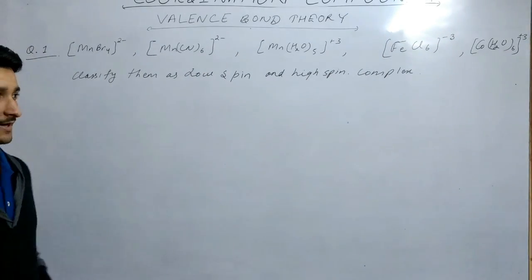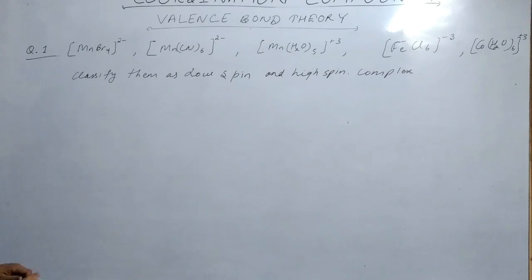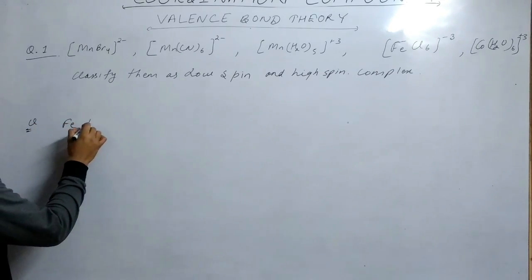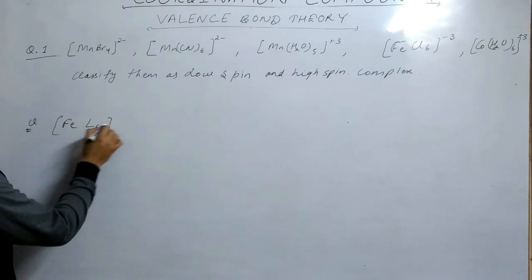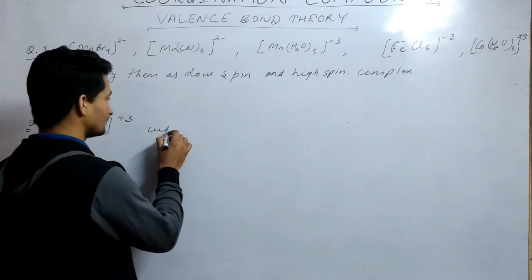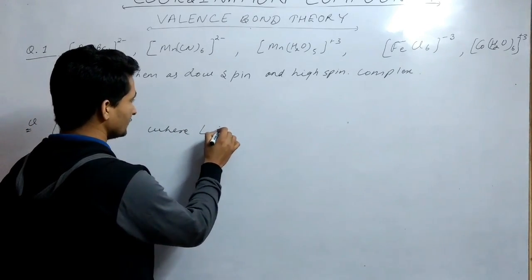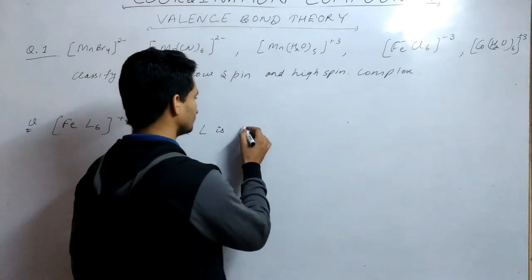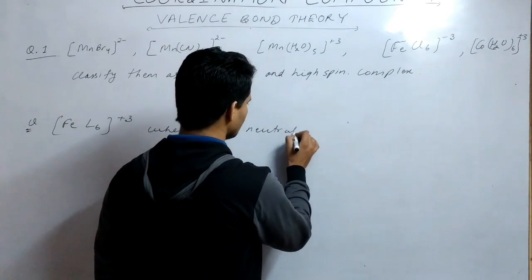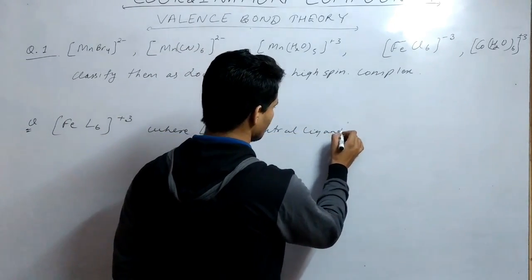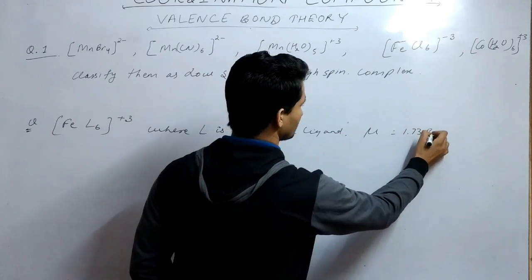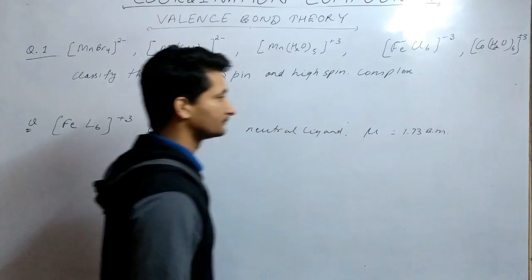And one chemistry file special question is that in a complex [FeL6]3+, where L is a neutral ligand, the magnetic moment is equal to 1.73 Bohr magneton.